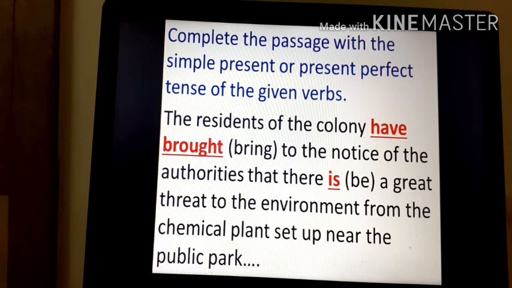As you can see, the instruction is to fill with simple present or present perfect. So the answer is, the residents of the colony have brought. Bring will become have brought. As you know, bring, brought, the V3 is brought. And as it is residents, plural, we have used have. And here we have used is. There is a great threat to the environment. We have used is, which is simple present tense.